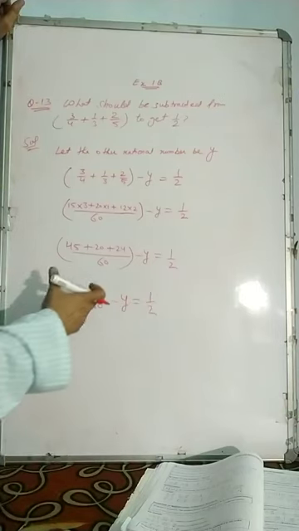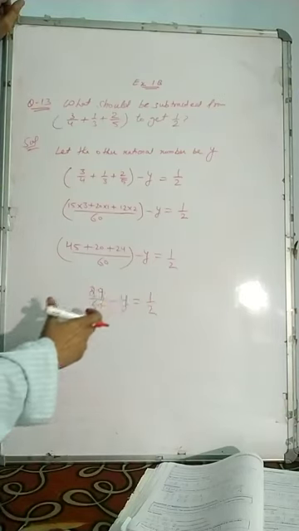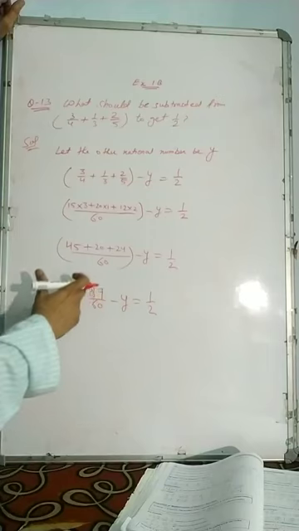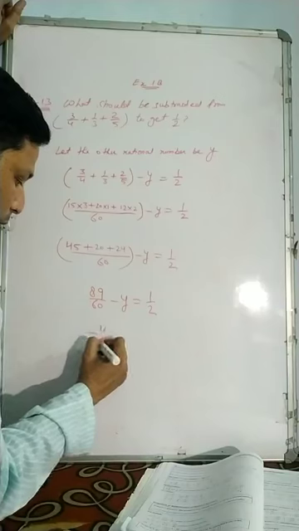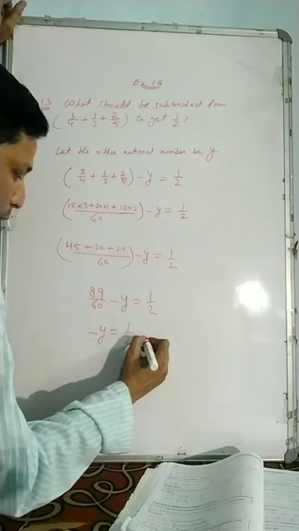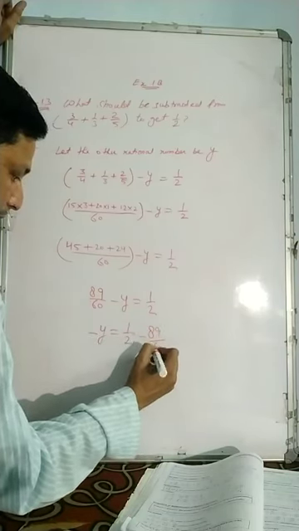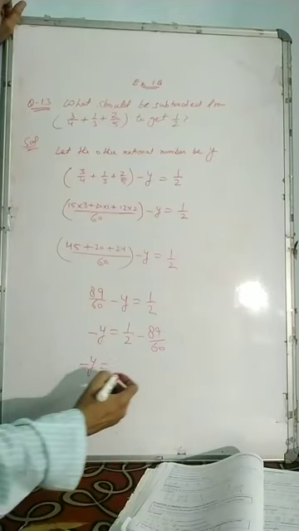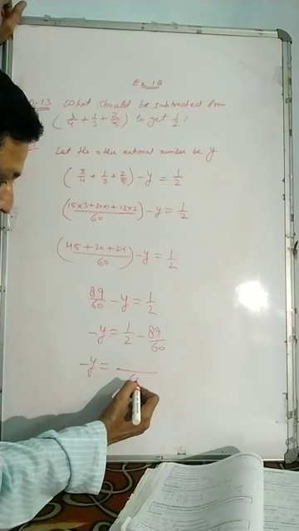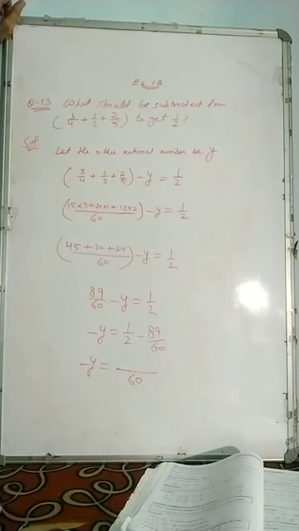Here you can see 89 upon 60 and 1 upon 2 are like terms, and 89 upon 60 is positive, so after transposing we get 1 upon 2 minus 89 upon 60. Now again you can see they have different denominators, so we take 60 as the LCM.